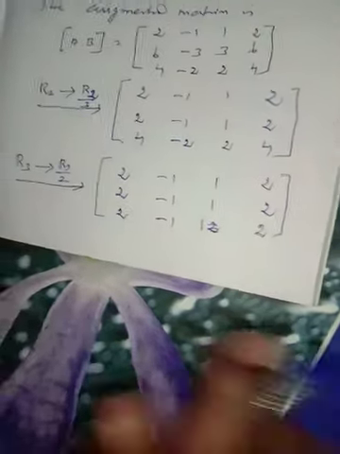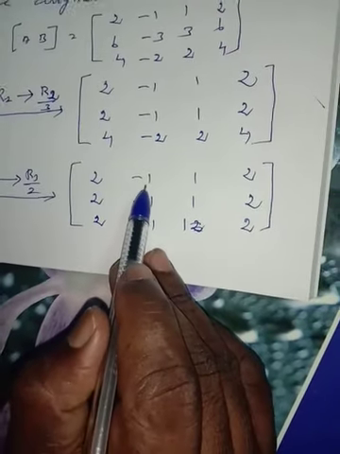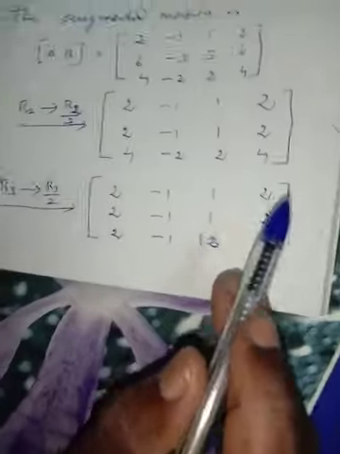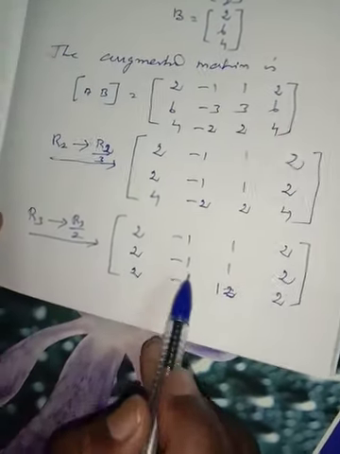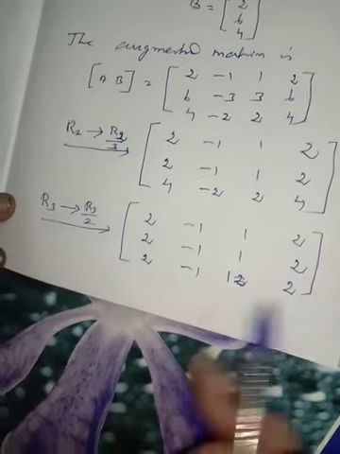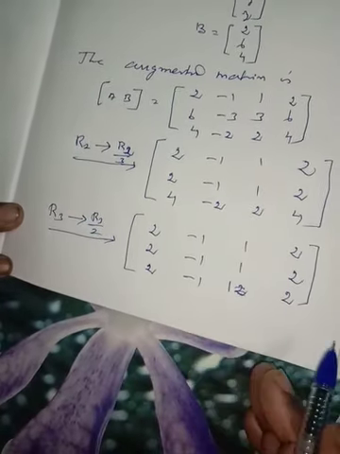Now these three rows are same. First row is 2 minus 1, 1, 2. Second row is 2 minus 1, 1, 2. Third row is 2 minus 1, 1, 2.